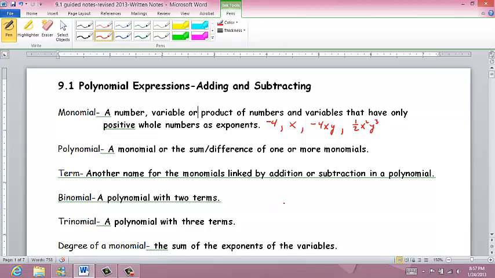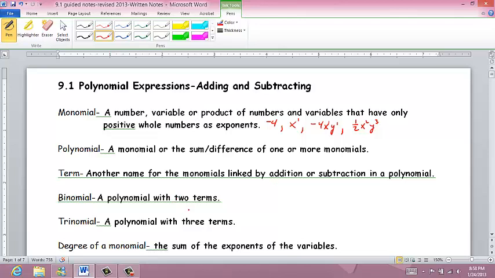All of these are monomials because they are basically numbers, variables, or products of numbers and variables where, if you look at each of them, all of our exponents are positive whole numbers. Okay, your exponents cannot be variables here.